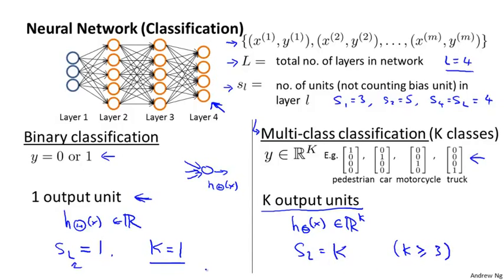We need to use the one versus all method only if we have K greater than or equal to 3 classes. So if we had only 2 classes, we would need to use only 1 output unit.